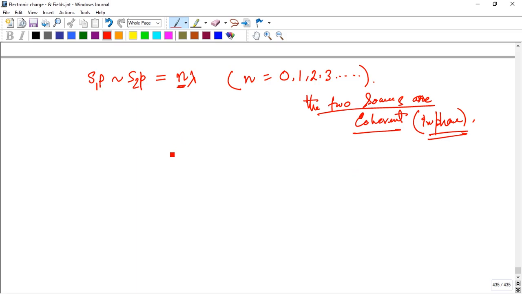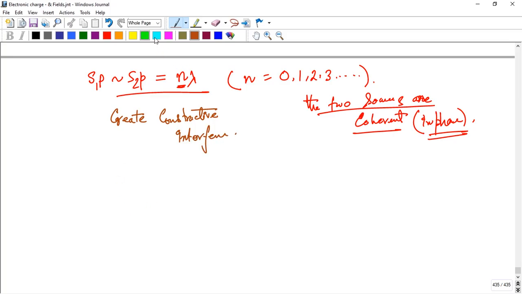Then they create constructive interference.